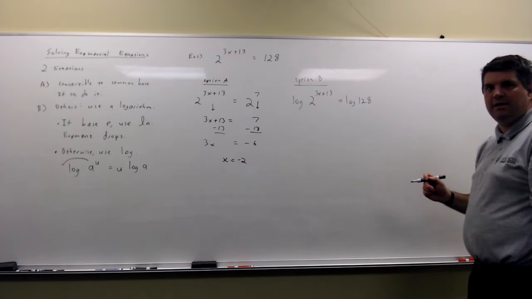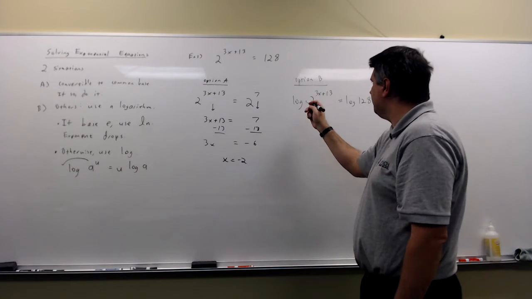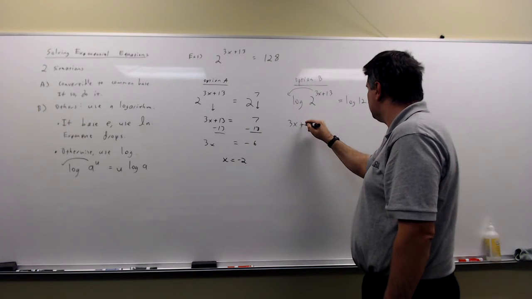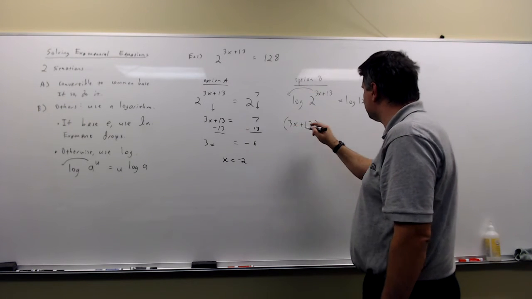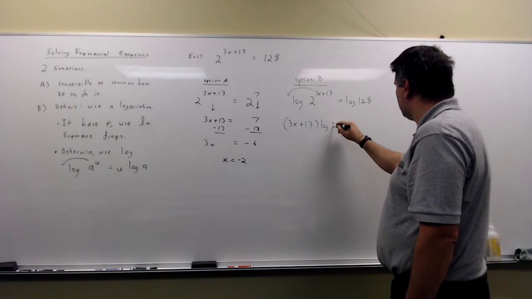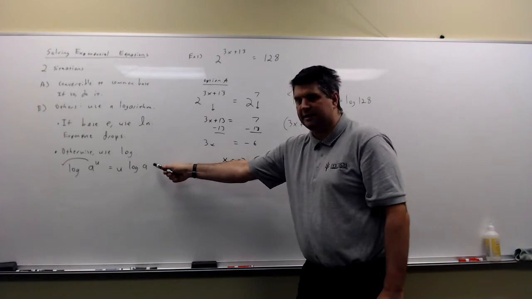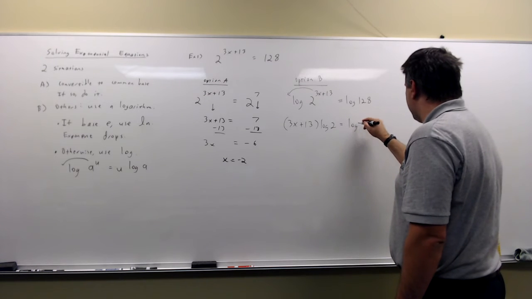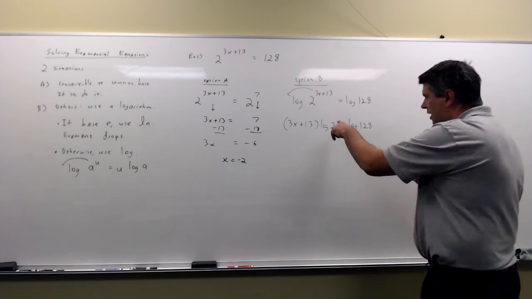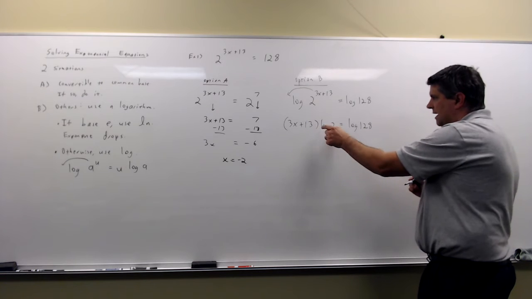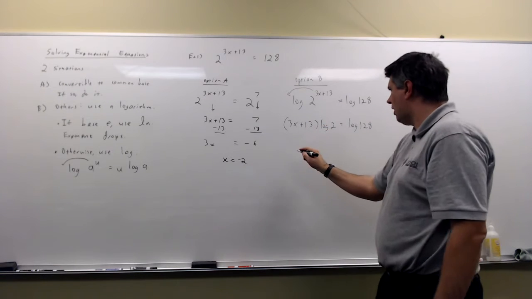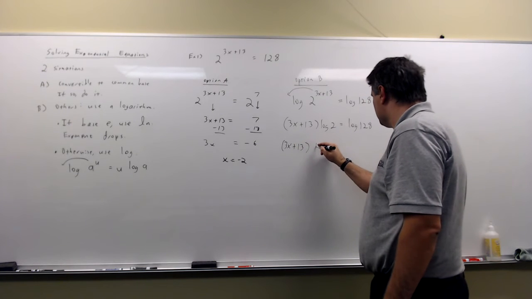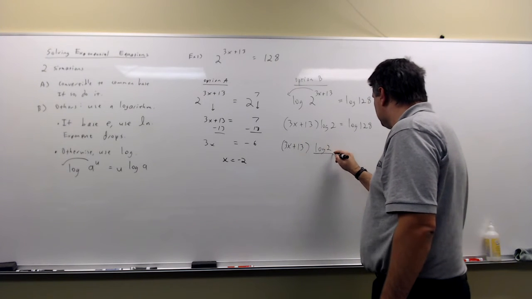This would have allowed me to take the 3x plus 13 to the front in parentheses times log 2, using that property there. And this would have been log 128. We're not going to distribute the log through. Instead, we're going to divide off the log on the left side.